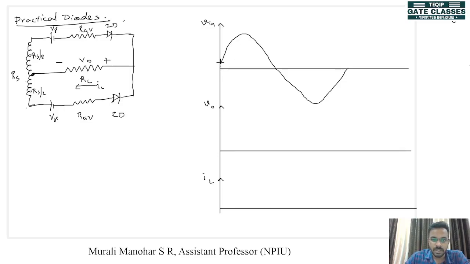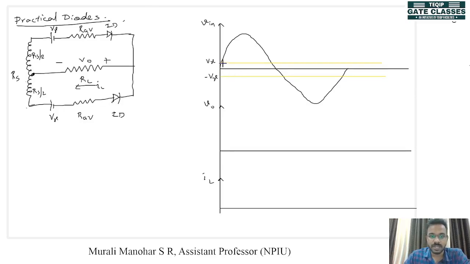Now we know that there are two voltage levels of the diode, and they are each V gamma. For silicon diode, we know that this V gamma is around 0.7, and for germanium diode, this will be around 0.2.